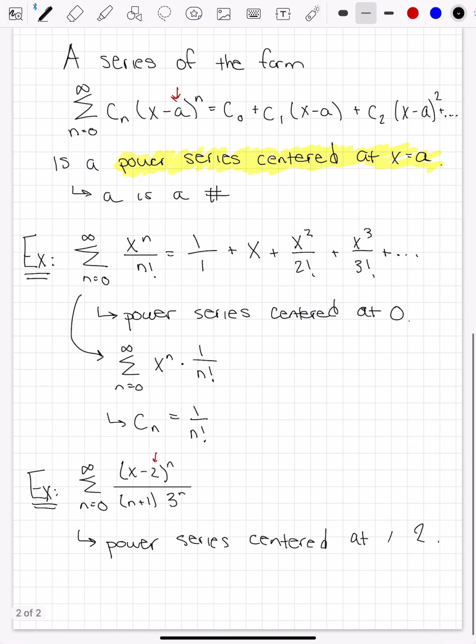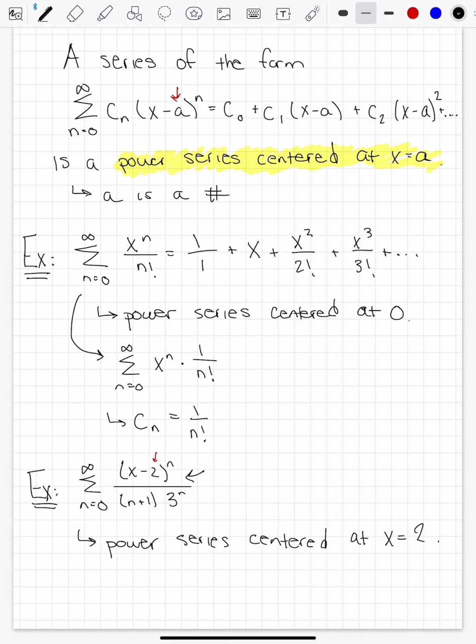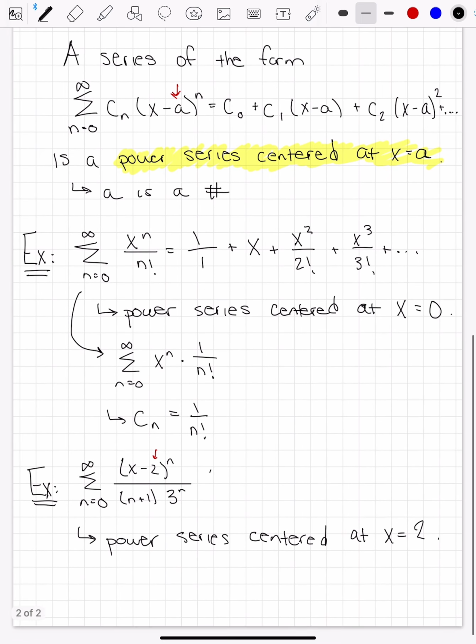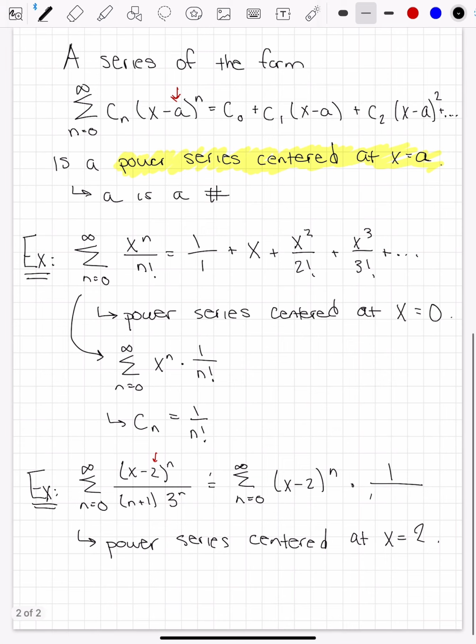And when we say at 2, we're referring to x values, because basically what we're saying is when we plug in 2, all of our terms are going to be 0 because it's going to be 2 minus 2. Same thing here, when we plug in 0 into x, all of the x becomes 0. And then here we can rewrite this sum by pulling down the numerator, and what's left is the denominator, n plus 1 times 3 to the n.